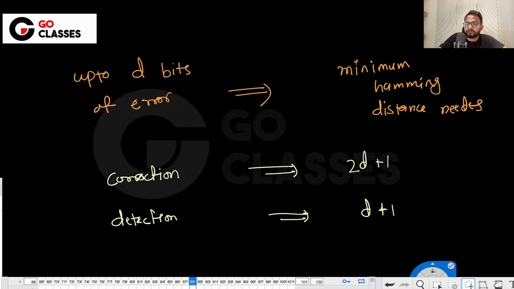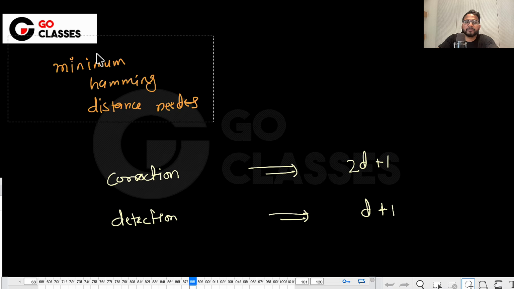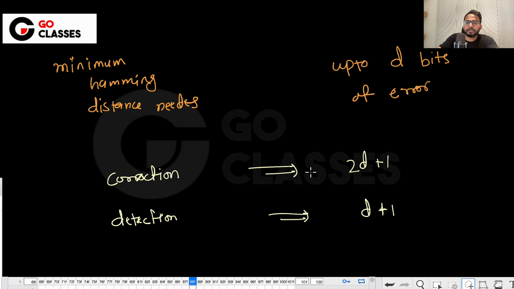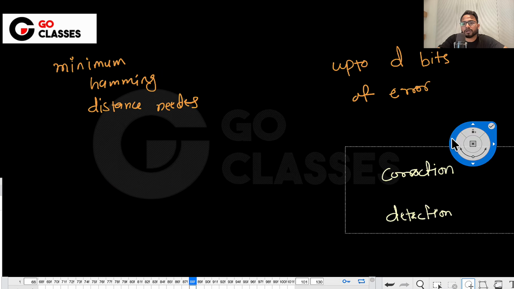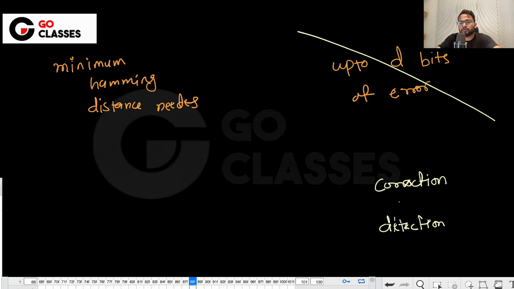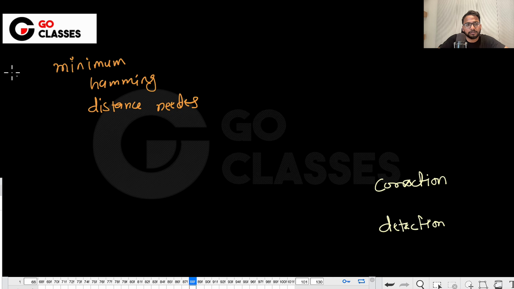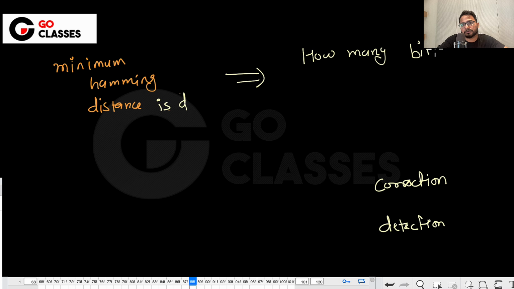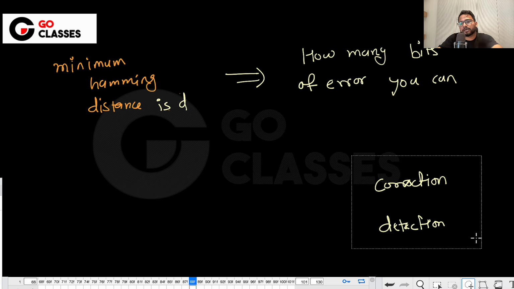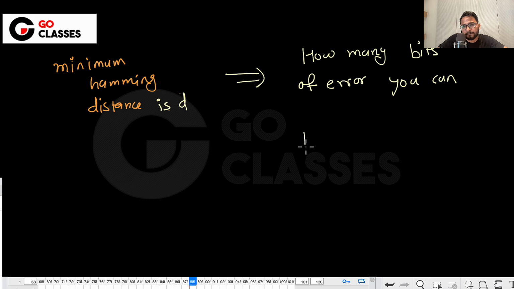In another way also, they ask a similar type of question. They just flip the direction. Instead of this, they say something like this: the minimum Hamming distance is D. They will give you the minimum Hamming distance, it could be anything, let's suppose D. Then they will ask you how many bits of error you can firstly detect and second correct.